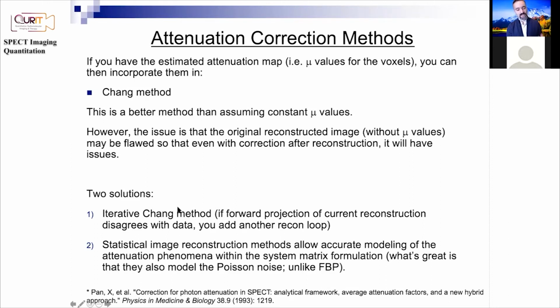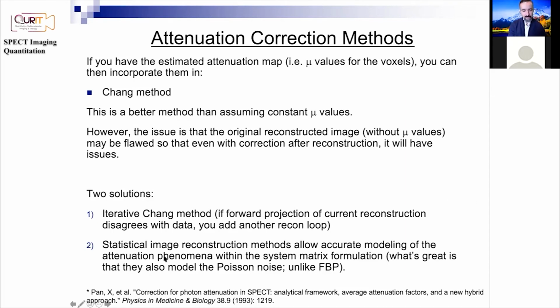Now, the spirit here is actually quite similar to iterative reconstruction. But as I said in a previous lecture, when we say iterative, we really mean statistical these days. You could have iterative non-statistical methods, but nowadays, statistical methods that model the Poisson nature of noise have become so popular and so effective that when we say iterative by default, we mean those.